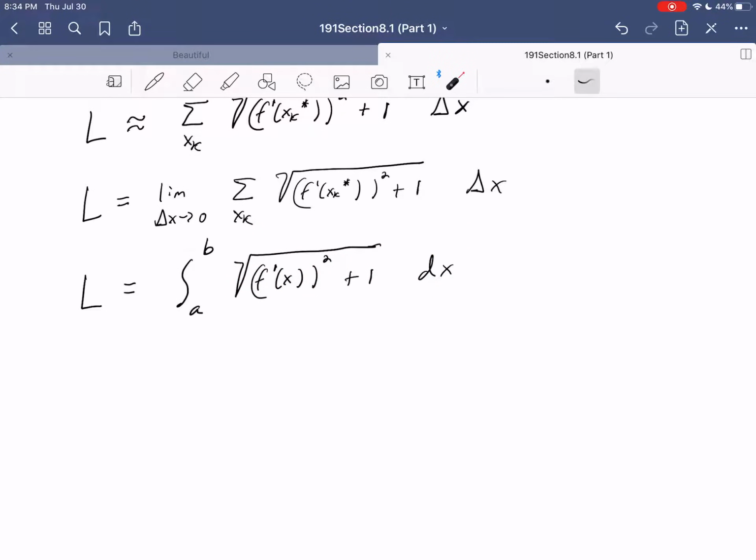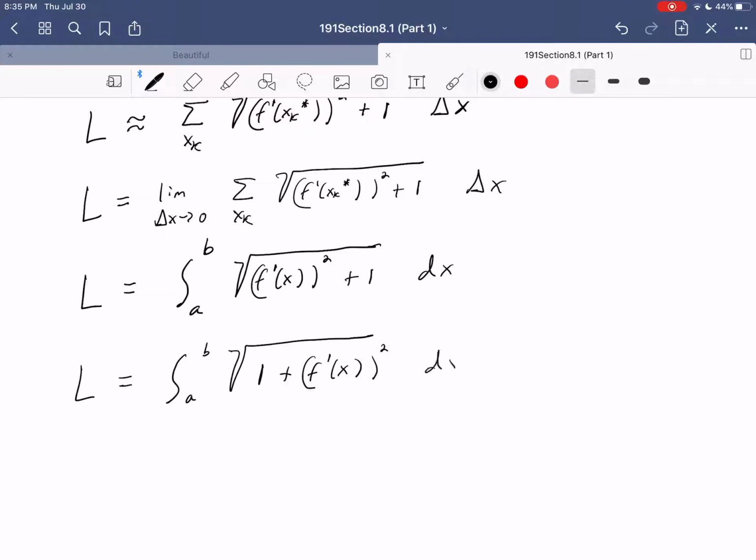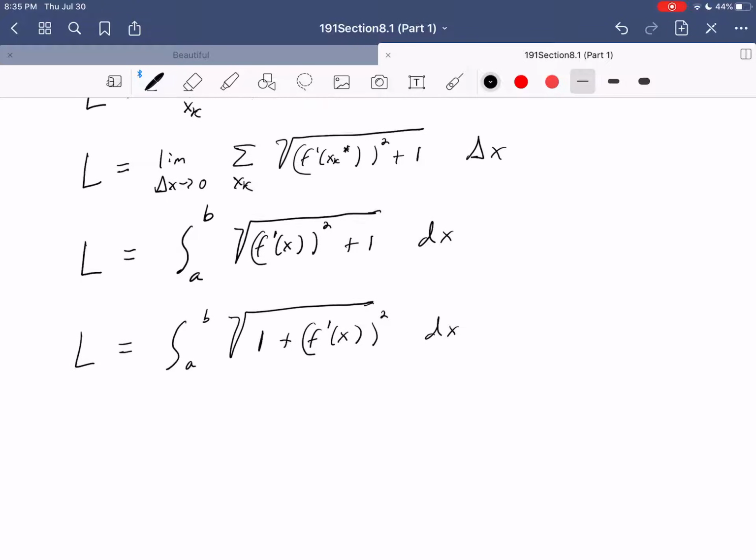Now, oftentimes, we derive this result, and this is absolutely correct. Oftentimes, people like to rewrite this as the integral a to b square root 1 plus f prime x squared dx. They like the 1 first and then the f prime second.